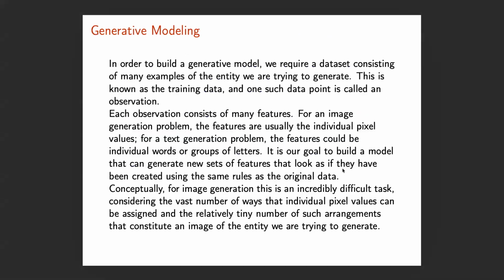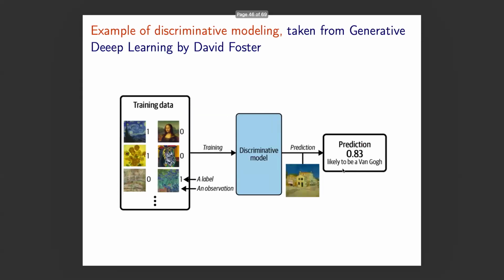So I wanted to say a little bit about what we have done typically till now about discriminative modeling. It is based on us having some training data, and then we want to discriminate. That's why we often call this discriminative. So we want to train on specific images, in this case Van Gogh paintings.